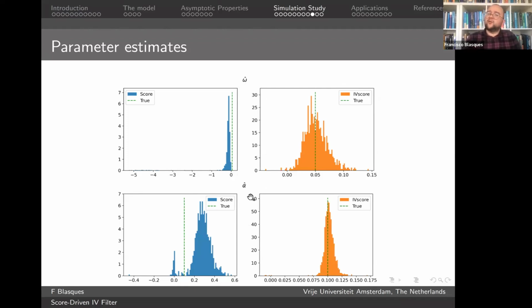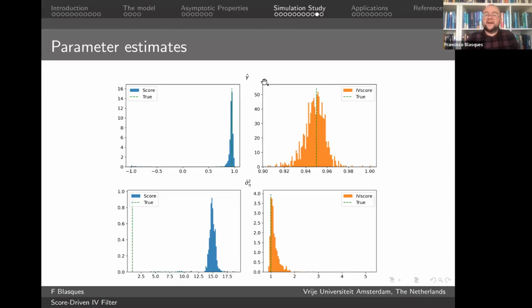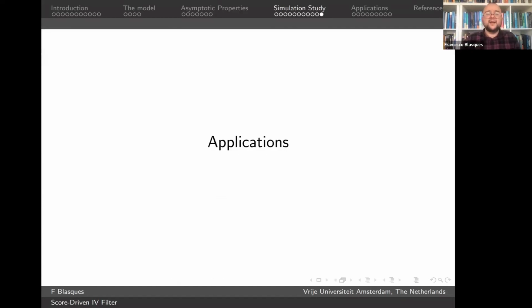The MLE has a bias. This is here for omega, the intercept; for alpha, the parameter that multiplies the score term, if you remember; this is gamma, that autoregressive parameter on the beta; and this is the variance of the innovation term. They're all quite far off with the score model because you're not correcting for endogeneity. Simple as that. I'll just go ahead and jump to the applications unless someone has a very pressing question.